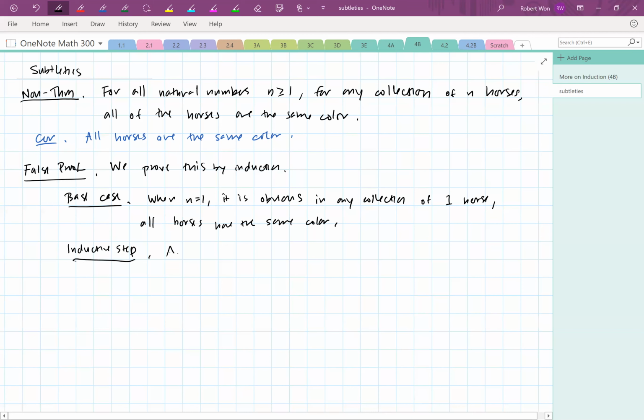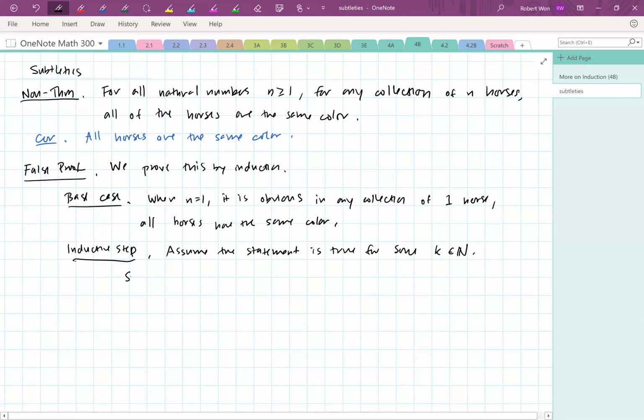Okay, so assume that the statement is true for some natural number k. So this is my inductive hypothesis. I get to assume the result for any collection of k horses.